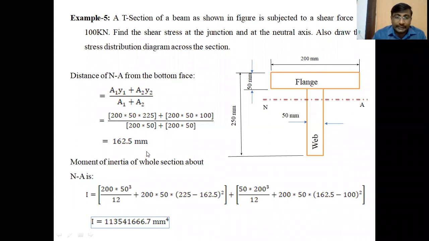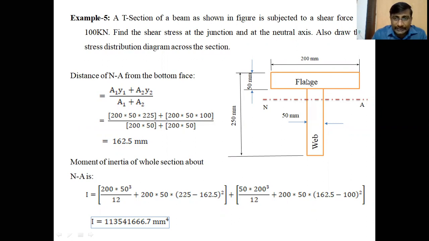After calculating the moment of inertia, you should find the shear stress values at different locations. Here in this problem, you should find the shear stress. Shear stress at the extreme upper fiber is 0. It's always 0. See, the shear stresses at the extreme layers are 0.